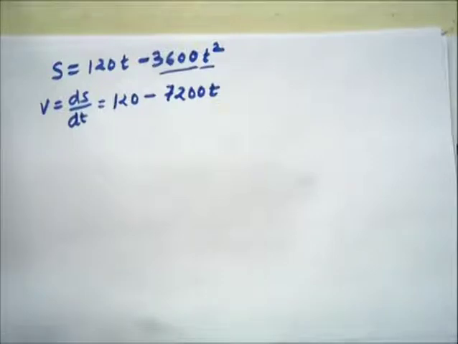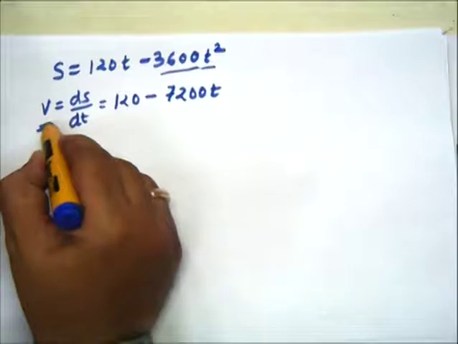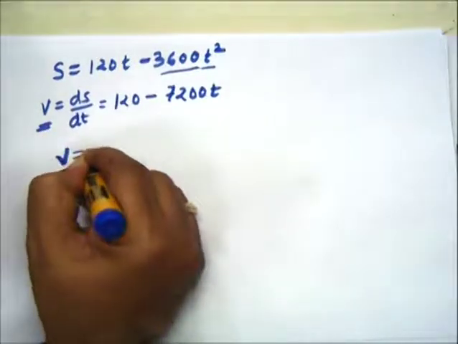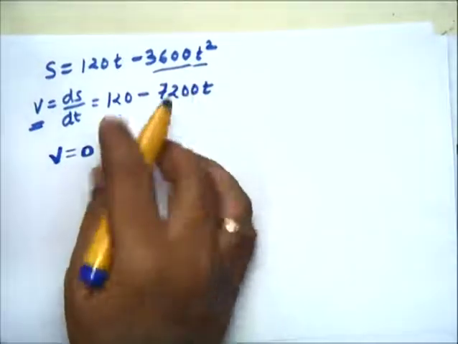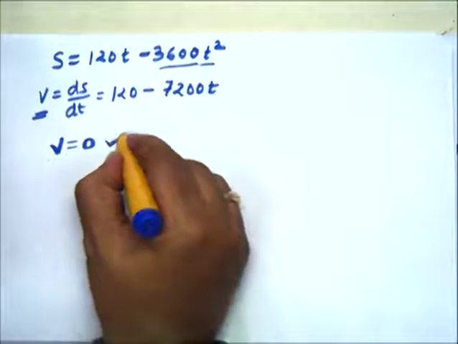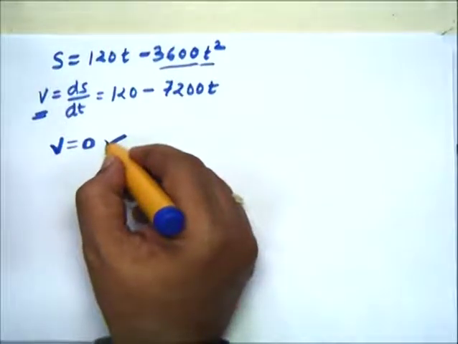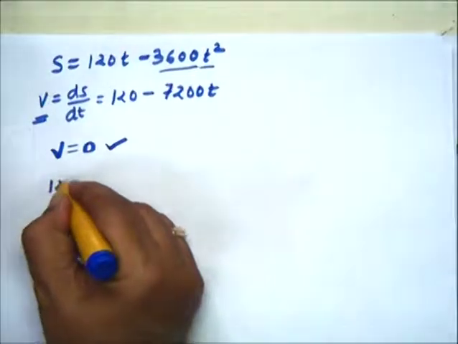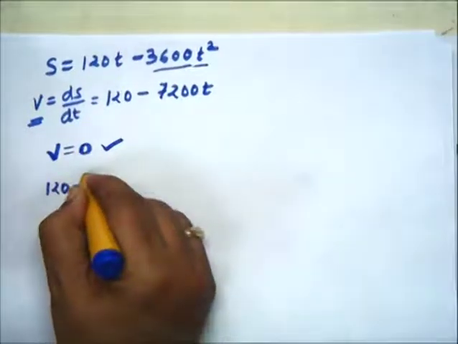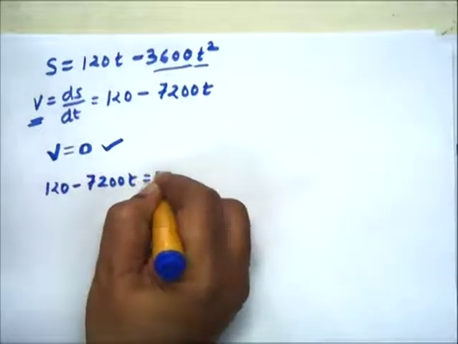At the time where the bullet stops, velocity becomes 0. So we are interested in finding the time at which v becomes 0. Let us put v equal to 0 here. So 120 minus 7200t is equal to 0.